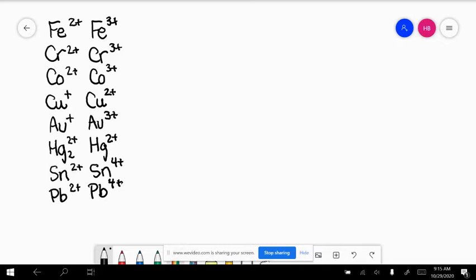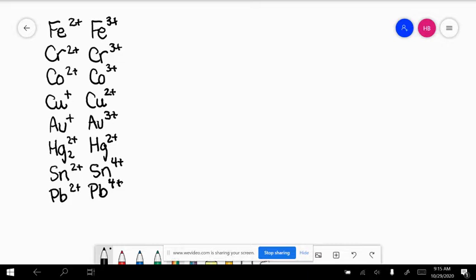So now let's go over the types of compounds that it can form. Each of these metals has 2 possible charges for us. So each of these metals can form 2 possible ions or 2 possible formulas for chemical compounds. So let's go over what they would be.